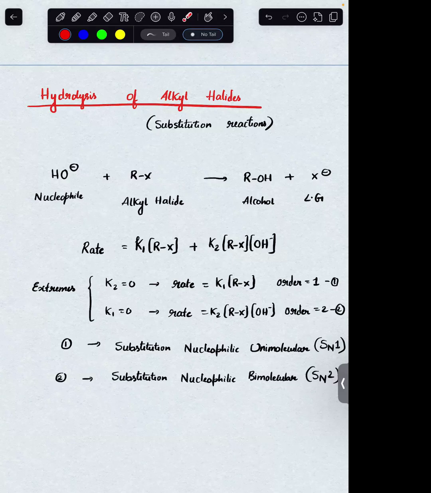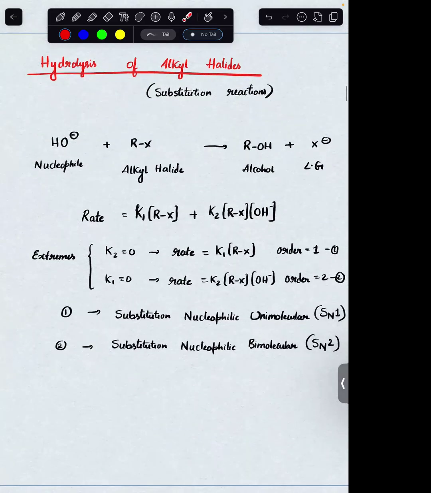Okay, we need to design conditions so that we won't be confused. We will be able to confidently say that the majority of the molecules are going to have SN1 reaction, or the majority of the molecules are going to have SN2 reaction. So we need to analyze that. Understood?